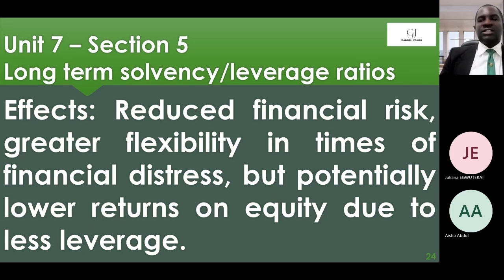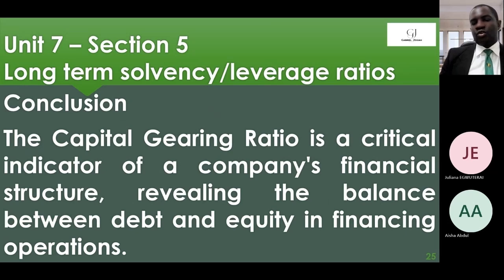So what is advised is balance. Take advantage of your leverage, external borrowing, take advantage of it when need be, and always run back to safety. So in conclusion, this capital gearing ratio is a critical indicator of a company's financial structure. It reveals the balance between debt and equity. So for most industries, let me say excluding banks, 50-50 is okay.